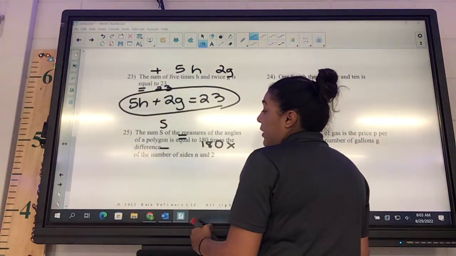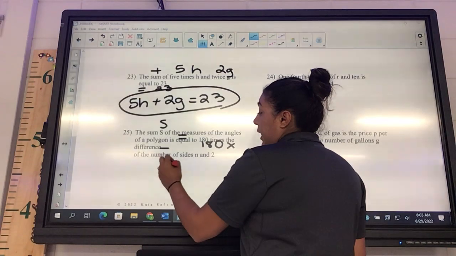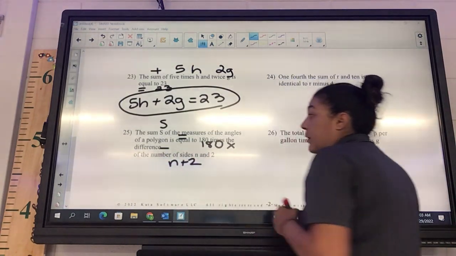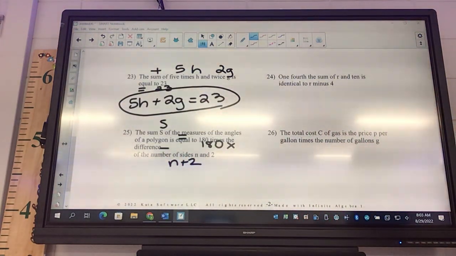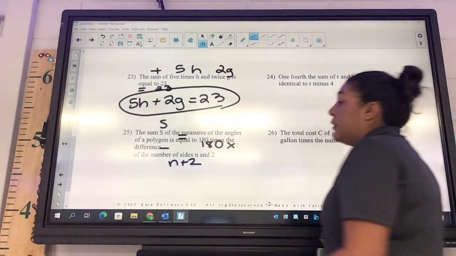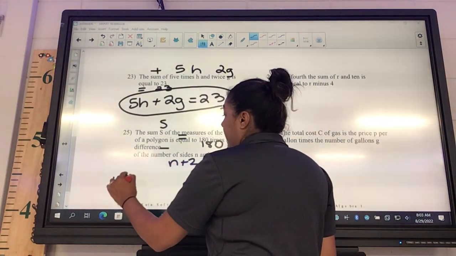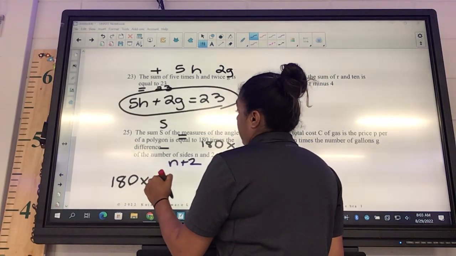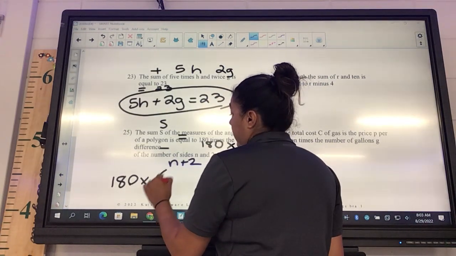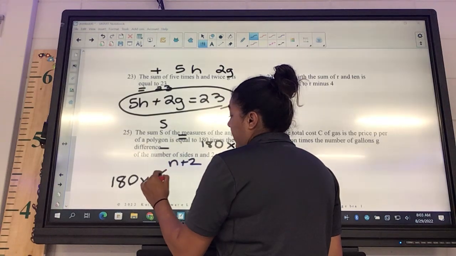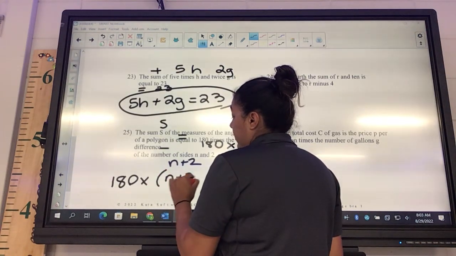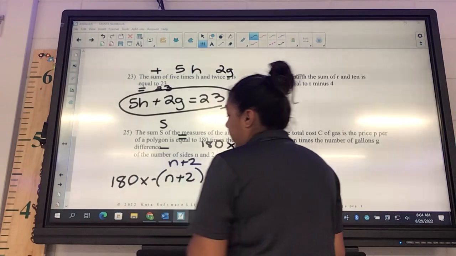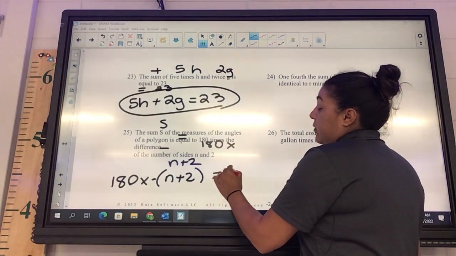Subtraction of a number n and 2. Okay, so it's going to look like 180 times the difference, oh, this should be n minus 2. Equals S.